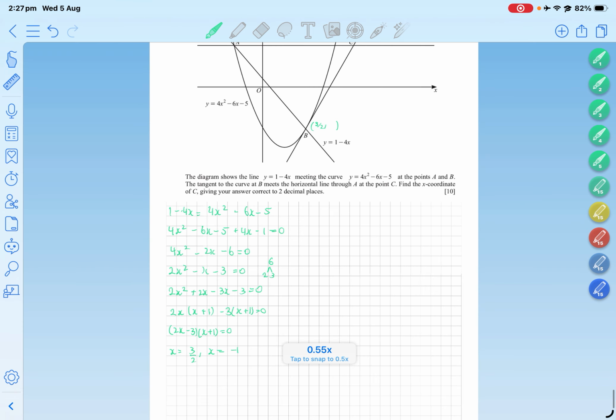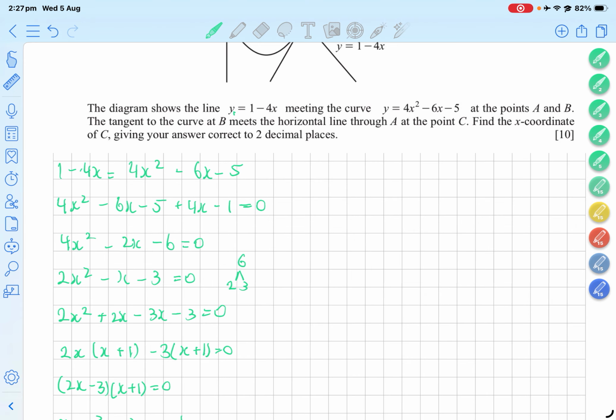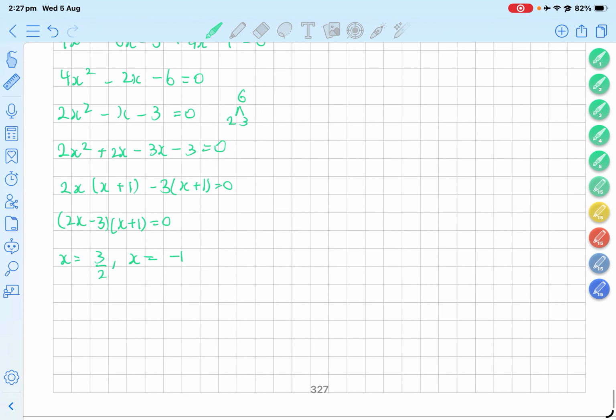You could just put it into, let's say we call this y1 and this y2, so you could put it into y1. When x equals 3 by 2, y1 is 1 minus 4 times 3 by 2, so 1 minus 2 times 3, so minus 5.